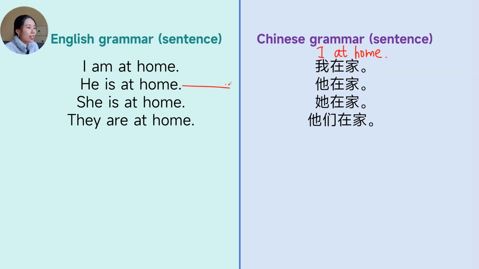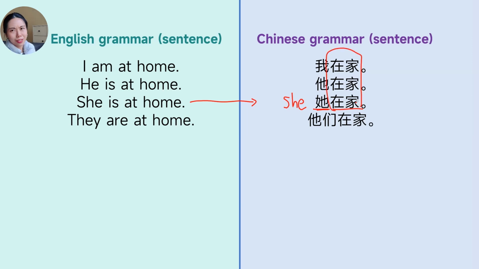And he is at home. 他 is he, 在家 at home. See, this looks exactly like that one. The only difference is replacing I with he. 我 is replaced with 他. And like she is at home. 她在家, yeah, just she at home.